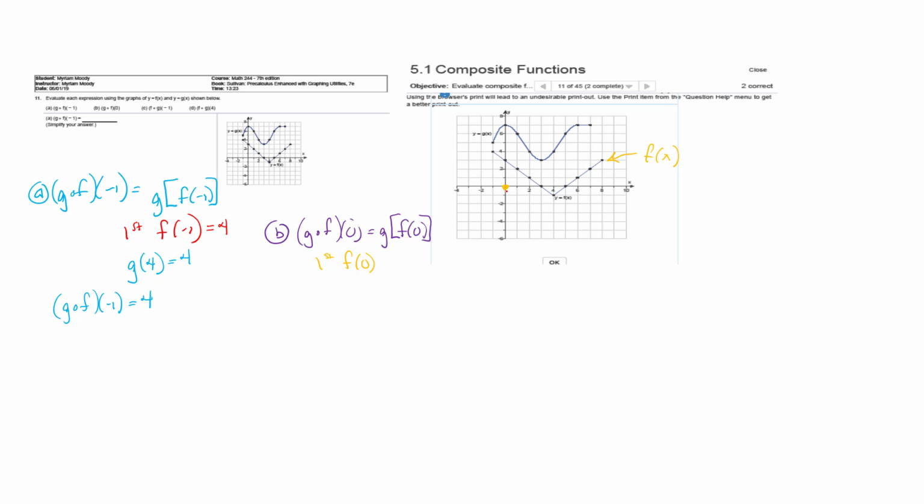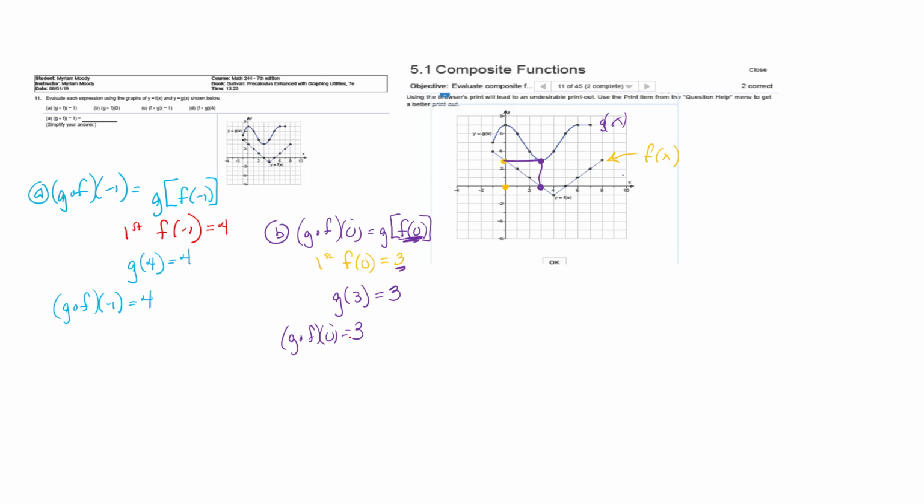So I go up to the function F, and I notice that when it plugs in 0, we get 3 as an answer. Which means now we are going to find G of 3, because F of 0 is equal to 3. So my X is 3, and now I go to the G function. This is the G function. And according to the G function, I get 3. So G composite F of 0 would be equal to 3.